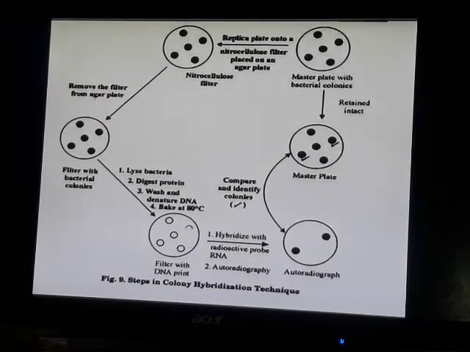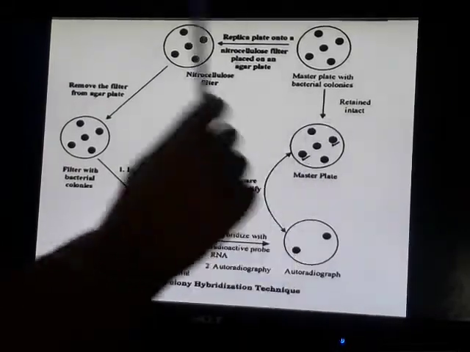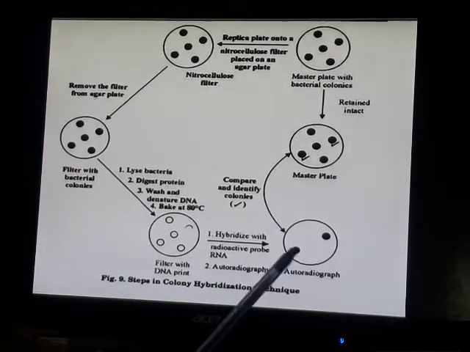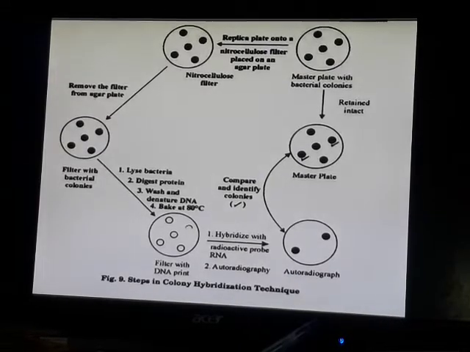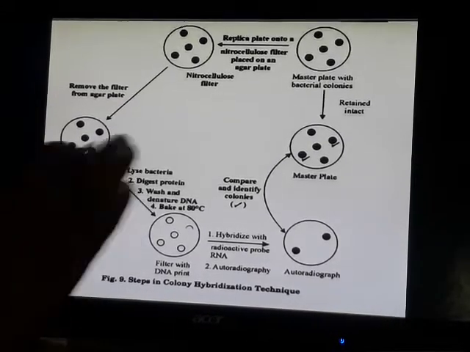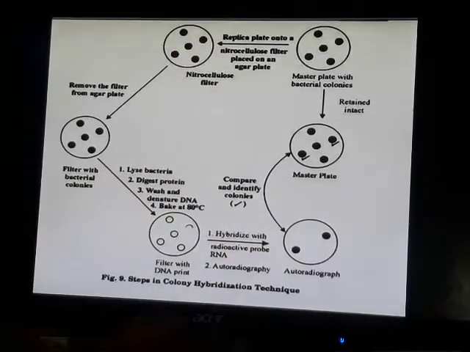So you have to maintain a master plate. We have already studied the replica plate technique, which was introduced by Lederberg. What we did there is, you take a master plate and then with the help of a velvet cloth, you make one more copy onto another plate, so that you get the same types of colonies.